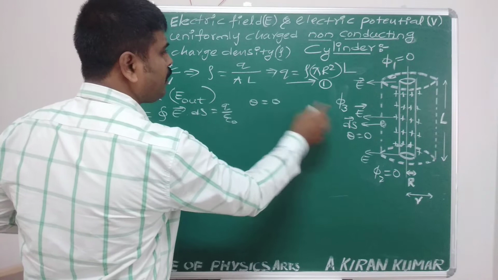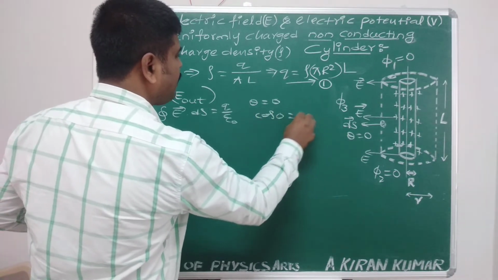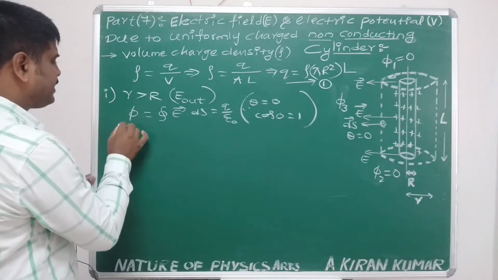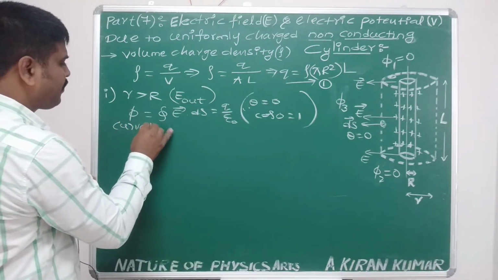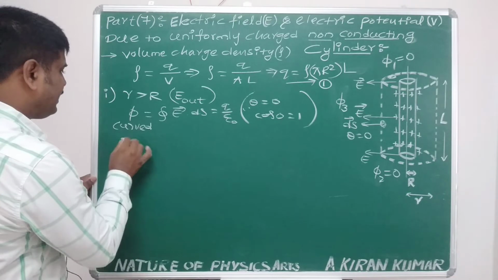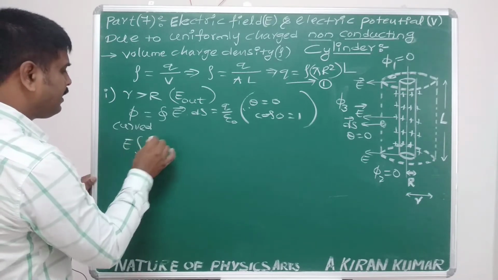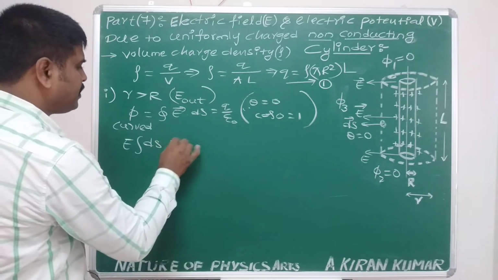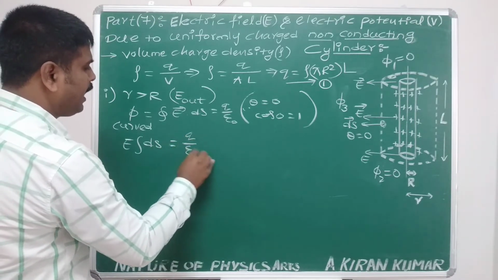Here theta is 0 and cos 0 is equal to 1, for the curved surface. Then E into integral ds, with cos 0 equal to 1, is equal to q divided by epsilon naught.